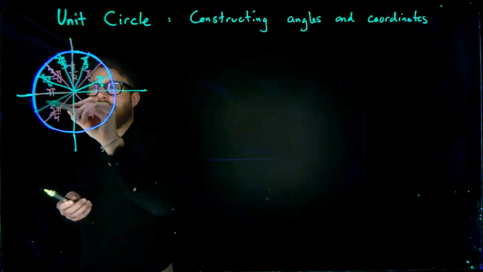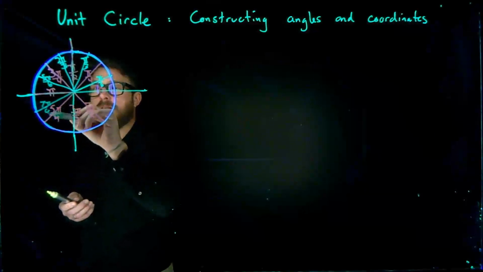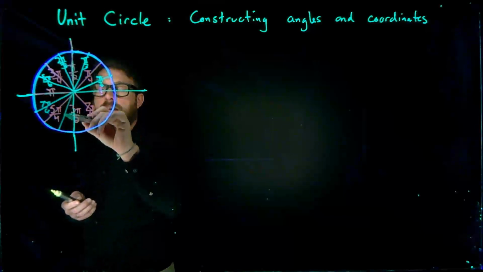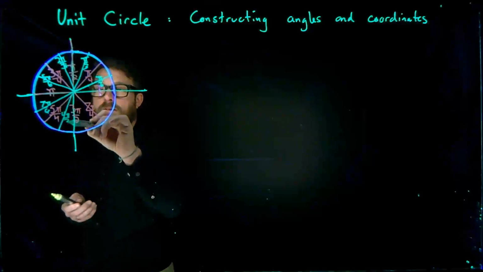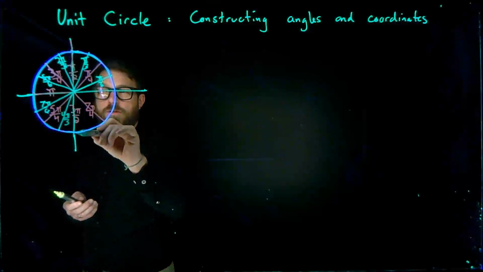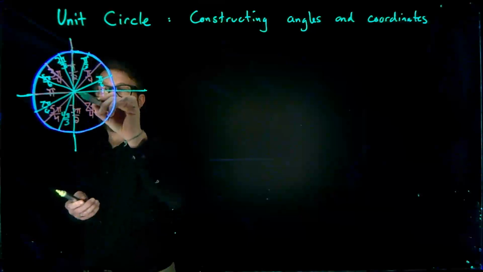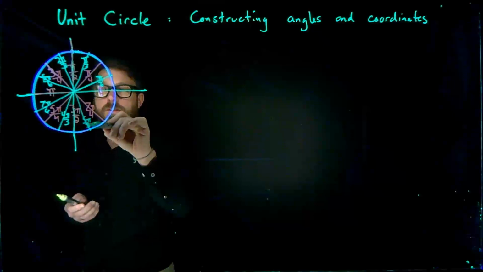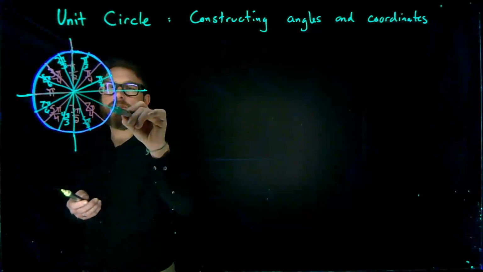Then 7 pi over 6, and 8 pi over 6. 8 and 6 are both divisible by 2, so this is 4 pi over 3. 9 pi over 6 gives us this angle again. Then 10 pi over 6, which simplifies to 5 pi over 3, and then 11 pi over 6.